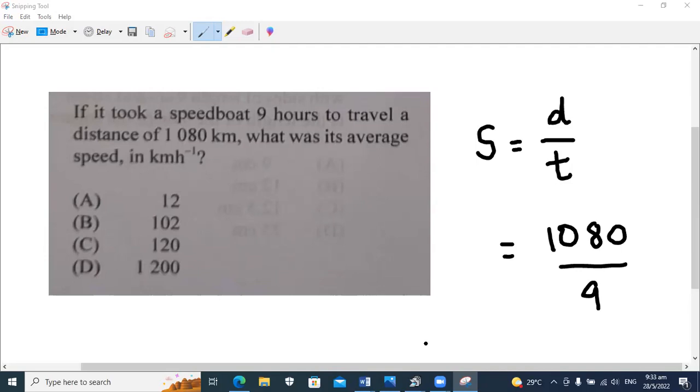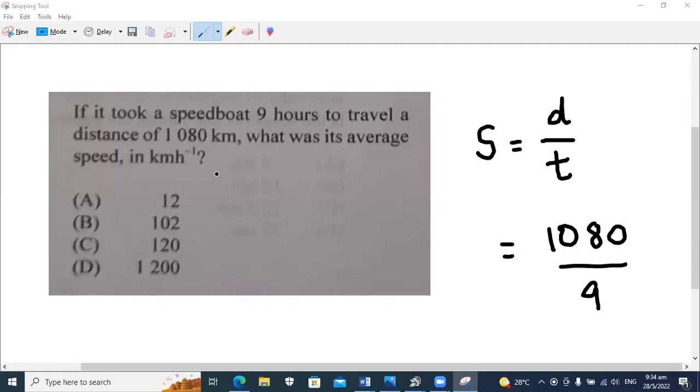Can you go over that one again, please? I didn't catch that. Oh, you mean the 4? All right. Tell you what. It says a speedboat took 9 hours to travel a distance of 1,080 kilometers.